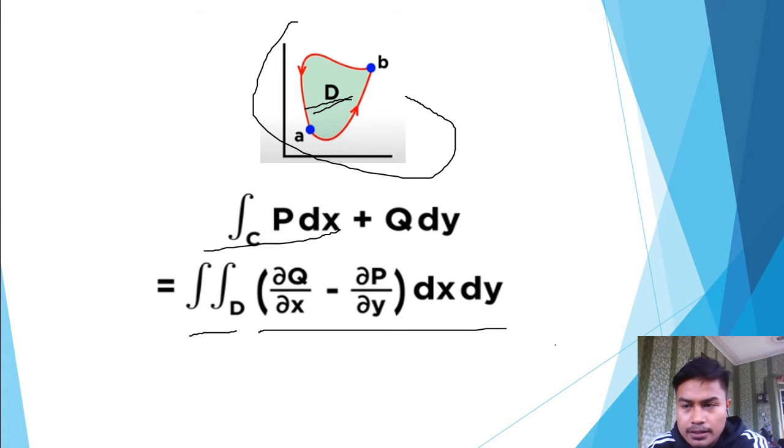This is called Green's theorem. This is a very useful theorem, as line integrals are typically harder or more complicated to calculate than ordinary integrals. Okay, next.